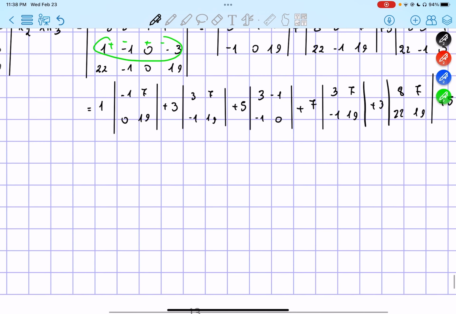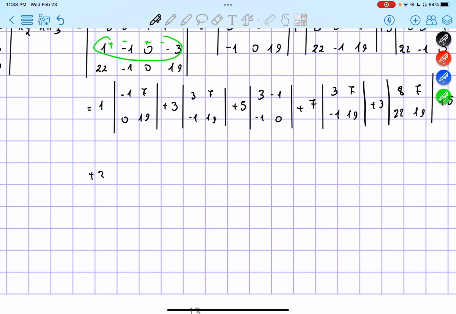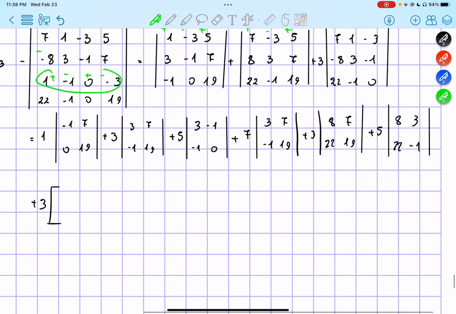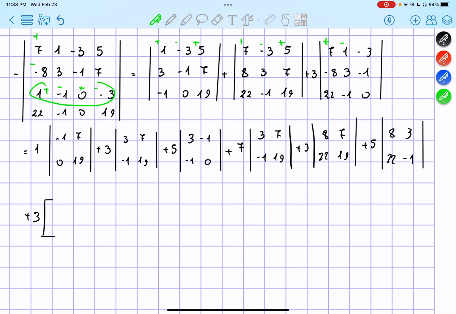And then again for the third one will be plus 3 that multiplies this big one. I'm going to take the first row again, so plus minus plus. I'm going to get 7 that multiplies 3, negative 1, negative 1, 0. And then minus 1 that multiplies negative 8, 3, 22, 0.